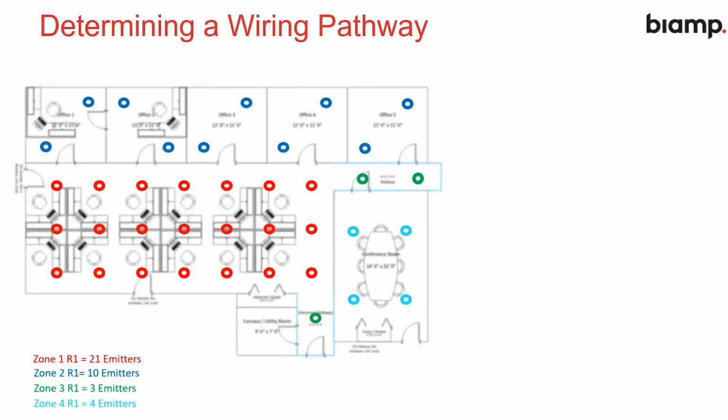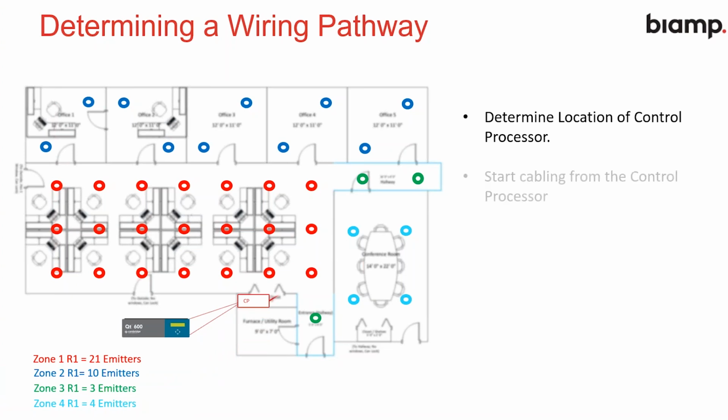We then need to determine how we're going to wire it. The first key thing we need to find out is where the control processor is going. The QT 300 and 600 do come with optional rack mount brackets if we wish, or they can be wall mounted. Normally they would go in the control room or an IDF or somewhere.